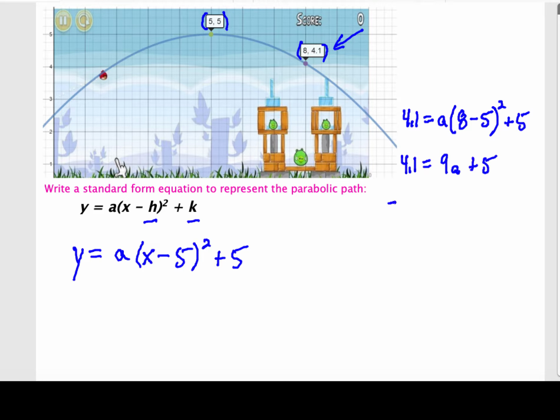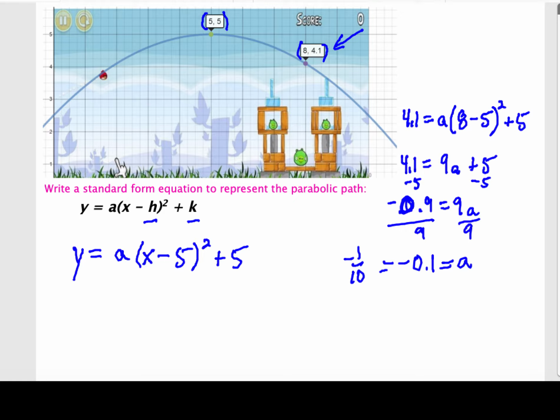If we subtract 5 from both sides, that's negative 0.9. And then if I divide by 9, we'll figure out that a equals negative 0.1, or negative 1/10, for an a value.